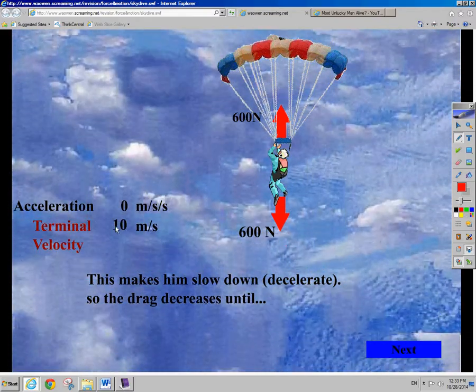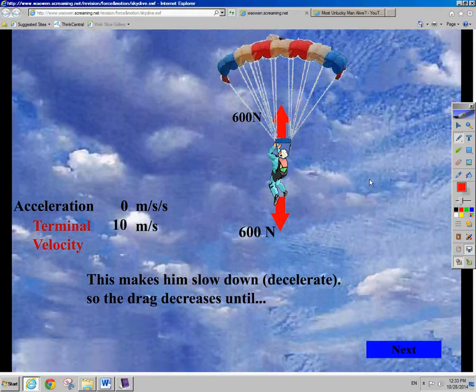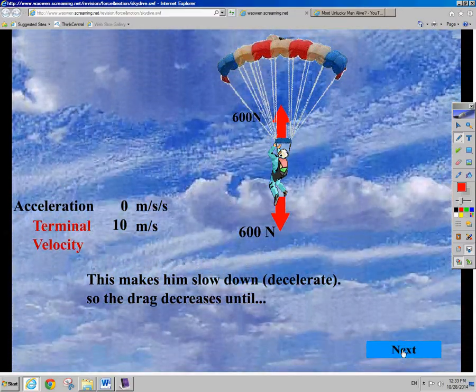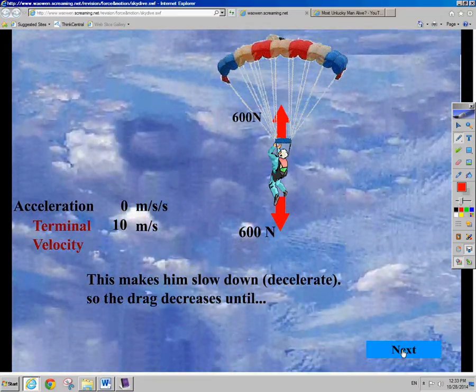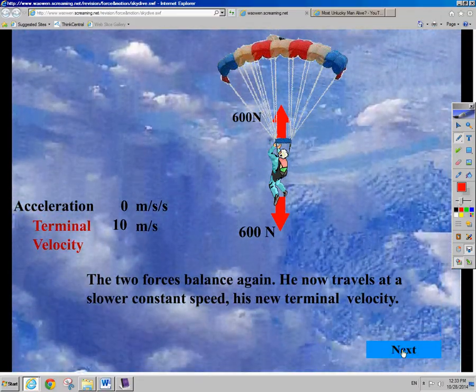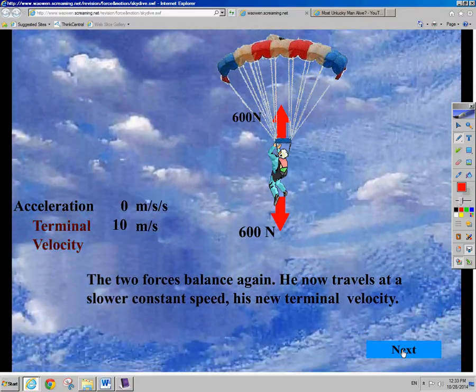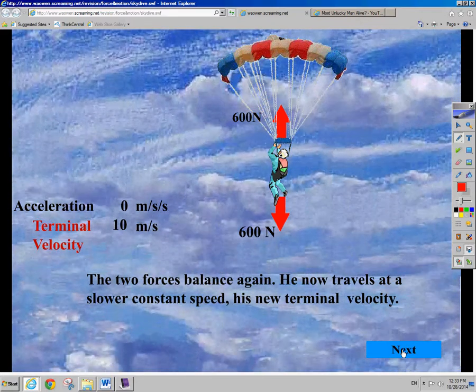But now they're traveling a lot slower after they decelerated when the parachute opened up. To provide 600 newtons, you can go slower because of the greater surface area. It just never ends. The two forces balance out again, and now he travels at that slower constant speed, his new terminal velocity.